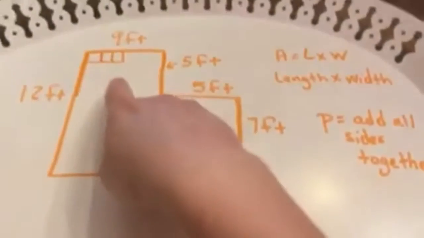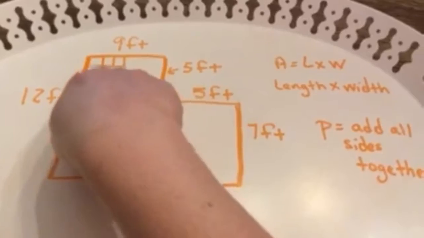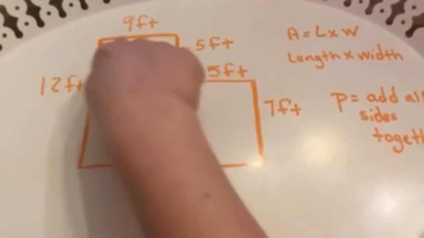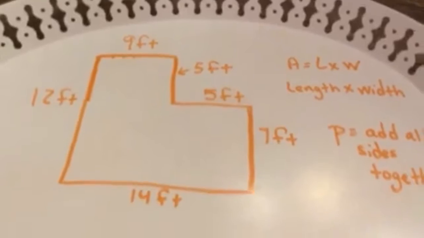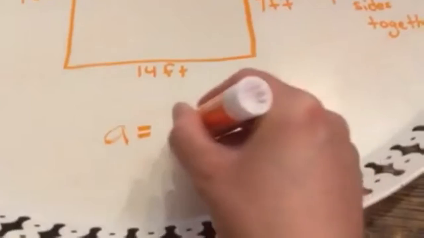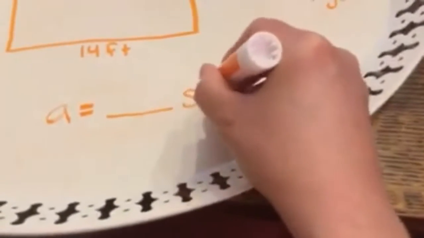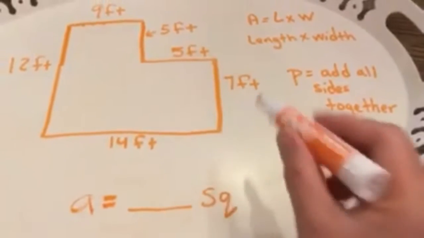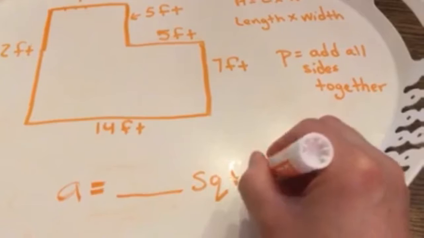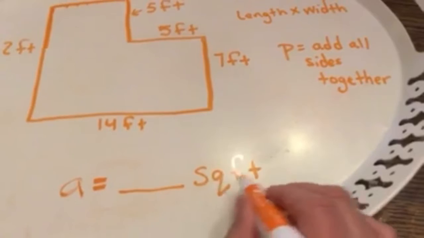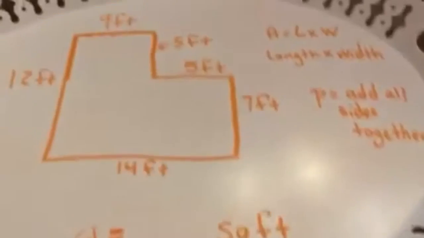And inside this rectangle, I've drawn some squares to kind of show you that when we're calculating the area, we care about the squares, how many squares we need to finish that, which is why when we write our answer, our area is going to be some number, and then we're going to put SQ for squared, and then we'll put the measurement we're using, and in this case it's feet. FT means feet. So we know our area, A, is going to equal some number square feet. And don't forget the square, that's very important.